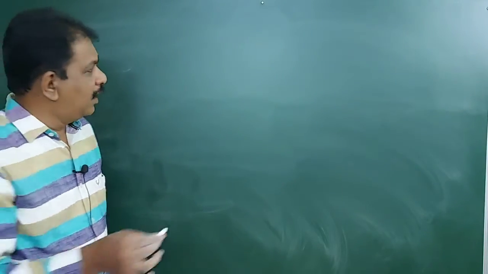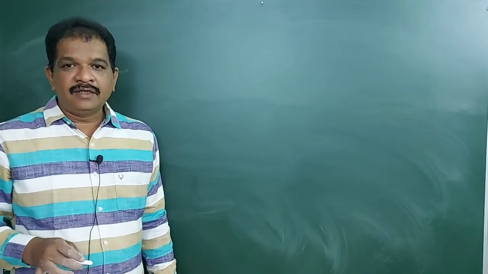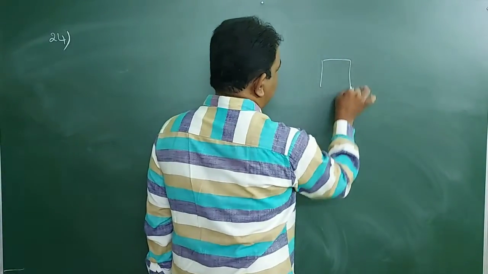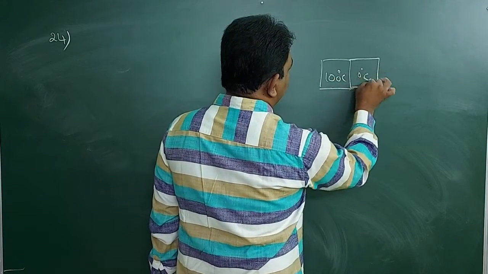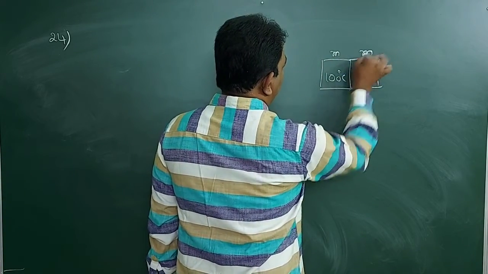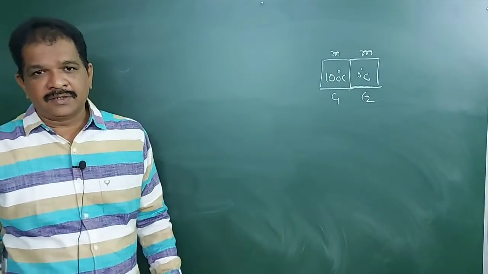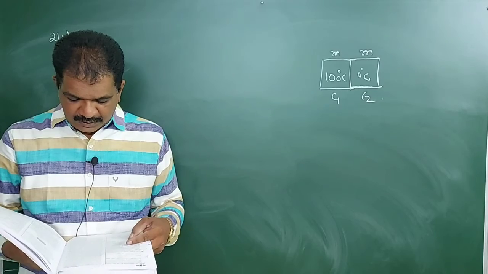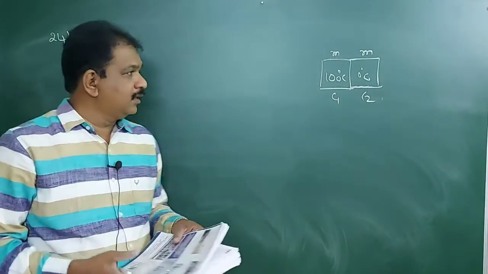Two bodies have the same masses. This body is at 100 degrees centigrade, this body is at 0 degrees centigrade. They have the same masses, different specific heats. If they are joined together, what will happen to the final common temperature?